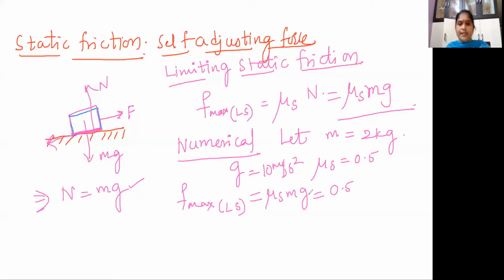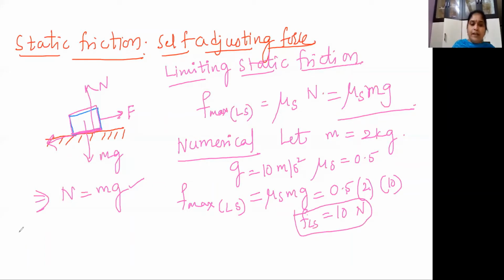So now we have 0.5 into 2 into 10. 2 fives are 10, 1 into 10. So the limiting static friction is 10 Newton. Now keep it aside. Now first we'll apply a force.